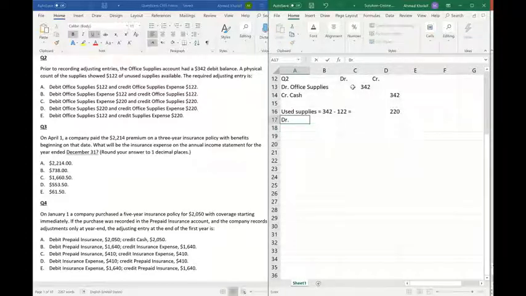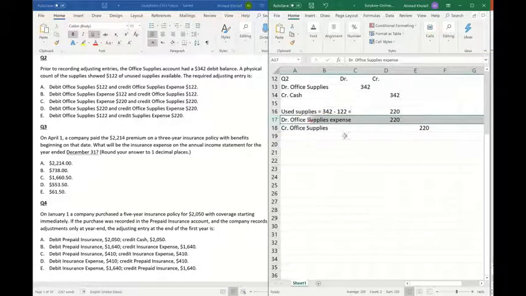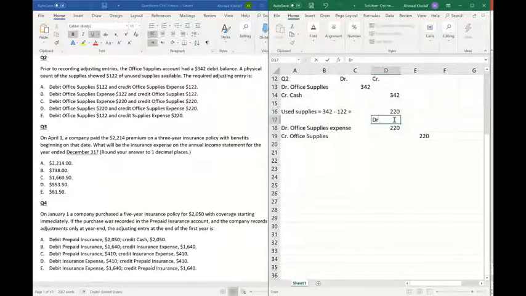So the adjusting entry will be office supplies expense, which will be debit, and the credit is office supplies, with 220 debit and 220 credit.